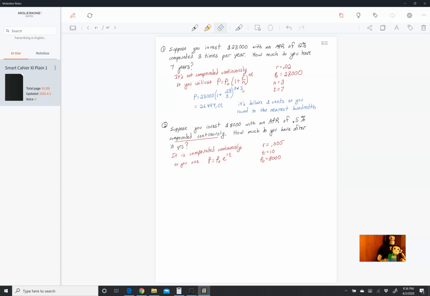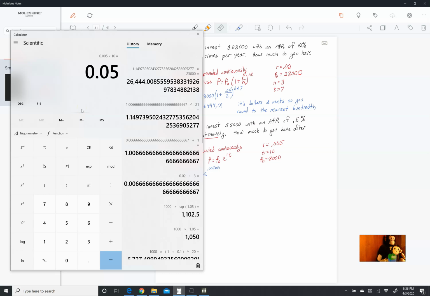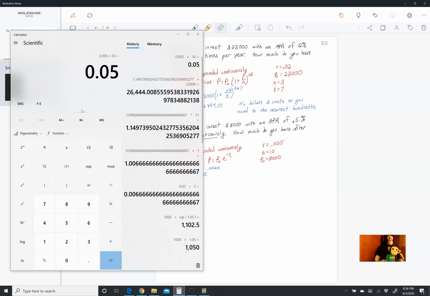So here, we're doing P equals 8,000 times E to the 0.005 times 10. Make sure you plug it in as a decimal. So you're going to do order of operations, okay? You have to first figure out what your exponent is. So 0.005 times 10 is 0.05. Now you're going to do E raised to that power. So here's your E. You're raising it to the 0.05.